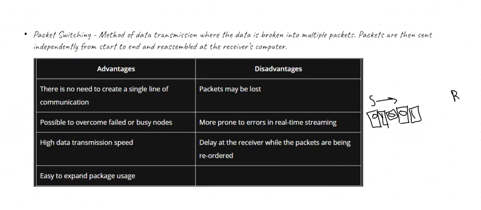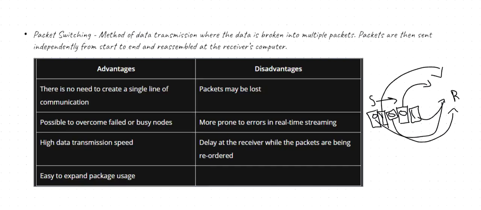and these are called packets. Now every packet is sent to the receiver separately, using different routes, not the same route. It's all sent to the receiver end. It's totally random.